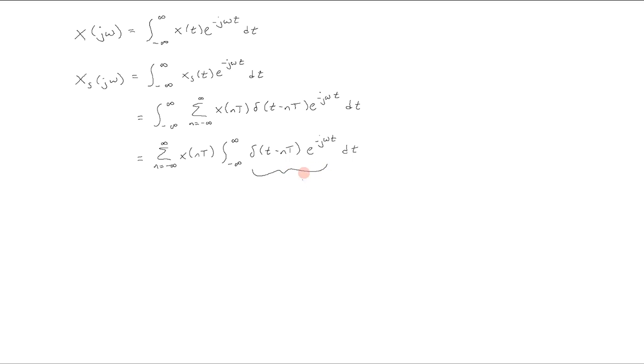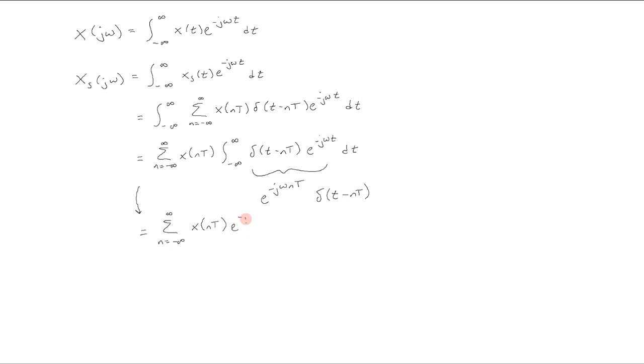So this part is going to be e to the minus j omega n capital T times delta of t minus n capital T, and therefore we can write our previous equation as the sum from n equals negative infinity to infinity of x of n capital T. And we notice again that we have a function here that's not a function of little t, and therefore we can bring it out as well.